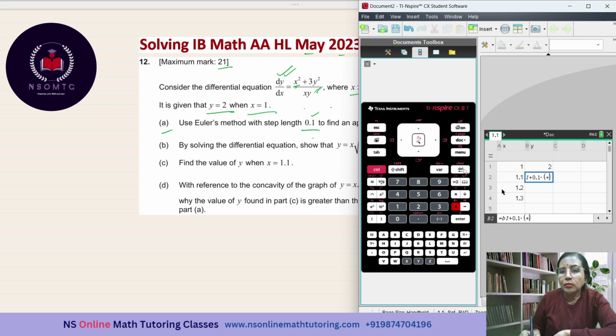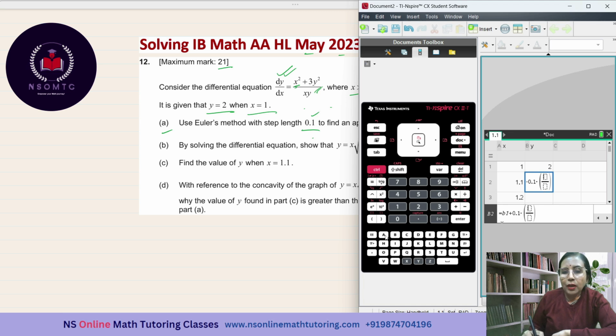Sorry, why isn't it? Oh, I have clicked on the wrong operator. Okay, so this will be e1 square, because it is x square. Plus 3 times b1 square, y square, so it is b1 square.